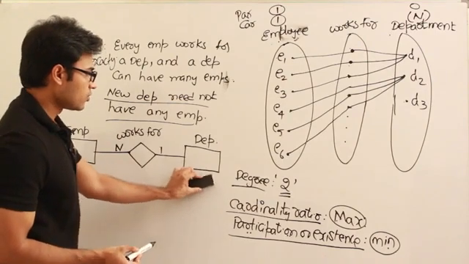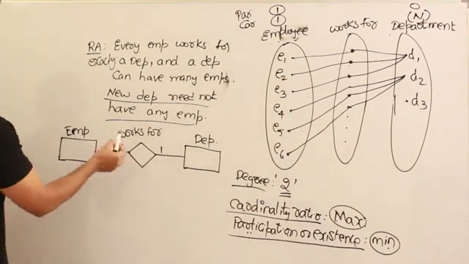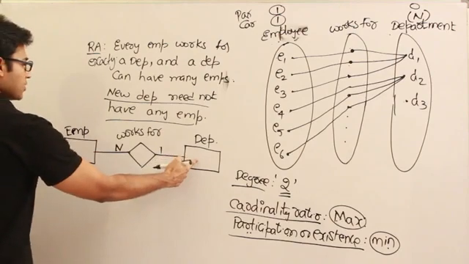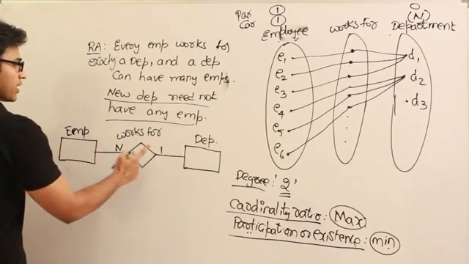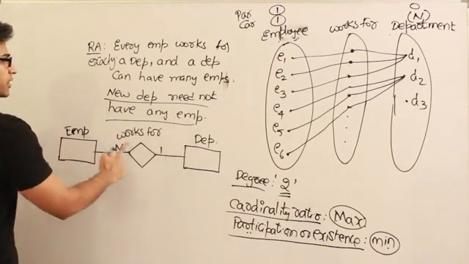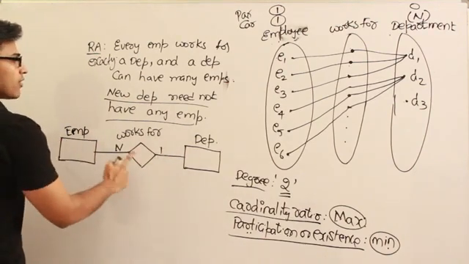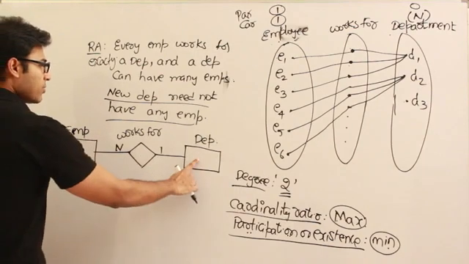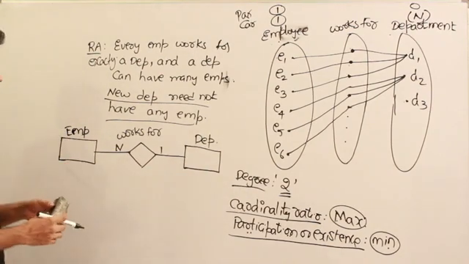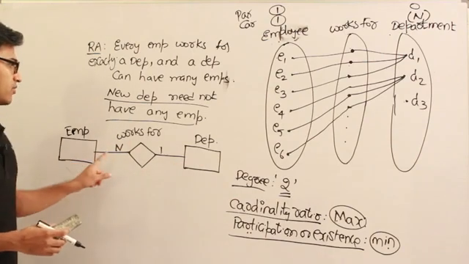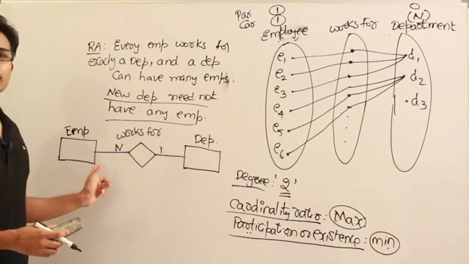So this is how it is represented. What does it mean? Department to employee is a 1:n ratio. The cardinality ratio from department to employee is 1:n, a 1 to many function. It means that one department can have many employees.